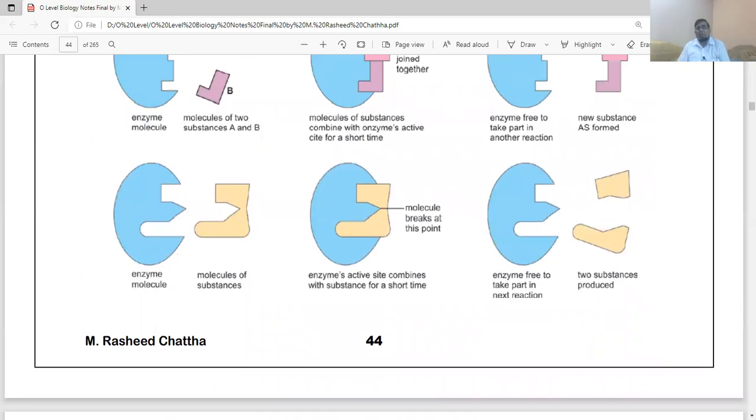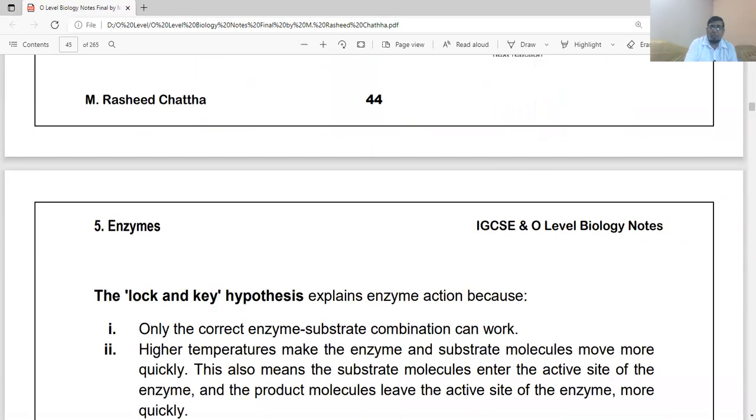In the second diagram, we can see the enzyme molecule and a substrate molecule, which is yellow colored, and the blue colored enzyme, and both combine together to make an enzyme substrate complex. After that, the substrate is changed into the product and the enzyme becomes free. So this is the best example of the lock and key hypothesis.